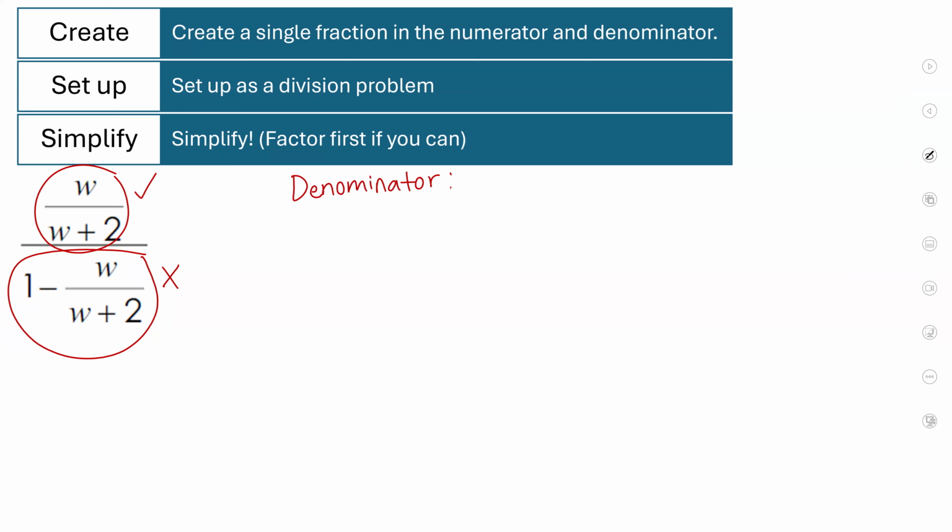I'm going to copy the denominator. It's 1 minus w over w plus 2. All I did was copy the denominator. Okay. So we need to create one single fraction. So I need to subtract these. I need to put them as 1. So you can think of this as 1.